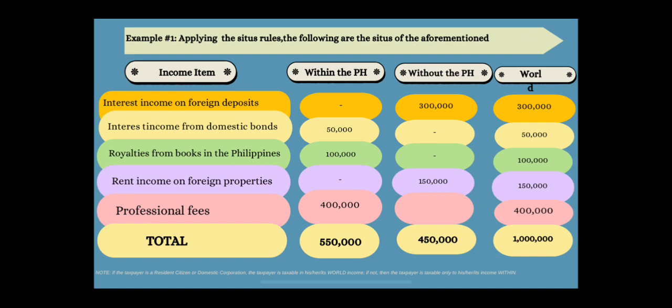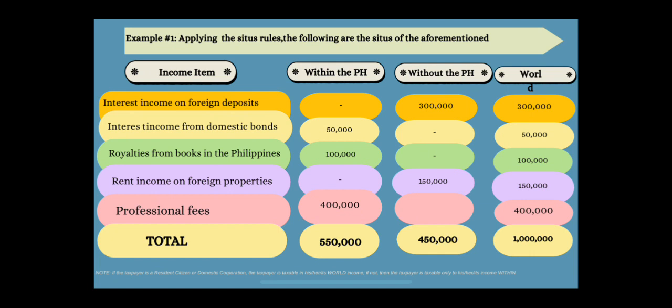For rent income on foreign properties, resident citizens and domestic corporations are taxed on world income, including rent income from foreign properties. Non-resident citizens and foreign corporations are taxed only on Philippine source income, excluding rent income from foreign properties. To ensure accurate reporting and compliance with Philippine tax laws, it is advisable to consult with a tax professional or accountant familiar with both local and international tax laws.